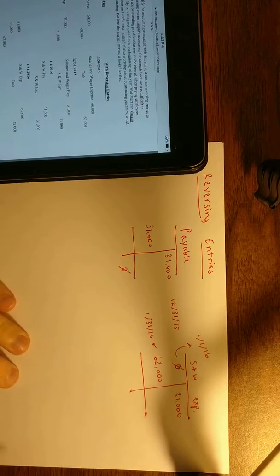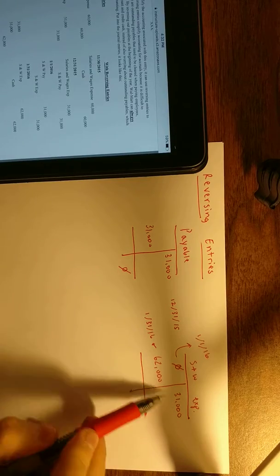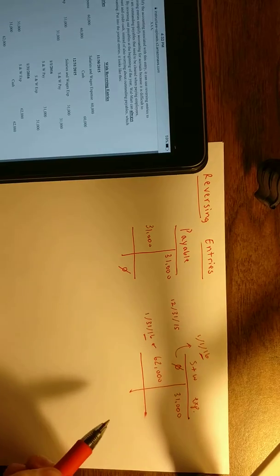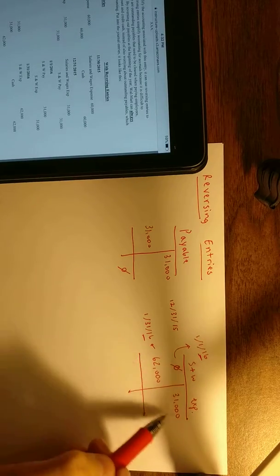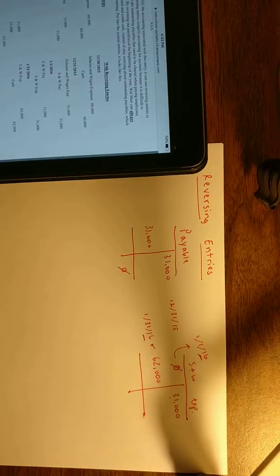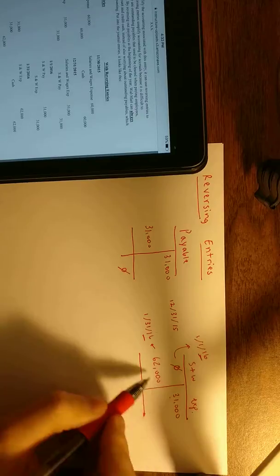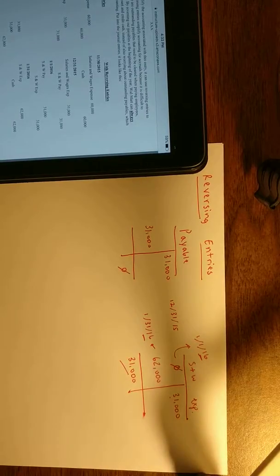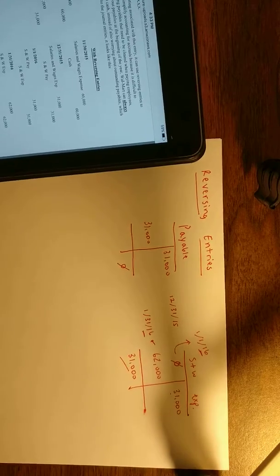So that means that on the net, in 2016, because these are both 2016, we've recorded 31,000 of expense, right? Because if we credit an expense for 31,000 and then we debit the expense for 62,000, we're going to end up with a net debit in the account of 31,000. So that means that in this period, we've technically only recorded 31,000 of expense, right?